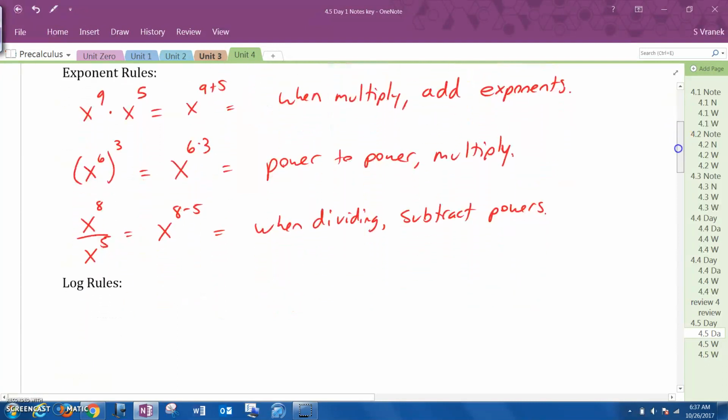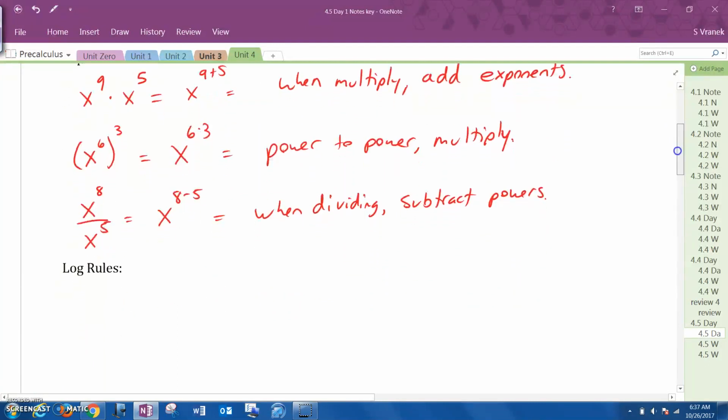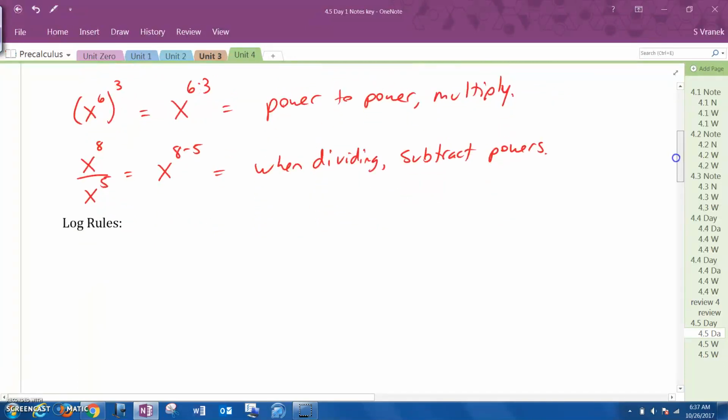Alright, so now we're going to talk about the logarithm rules, or the log rules, and they kind of follow the same process. So the first one is, if I have log base b of something, I'll say x times y. That is the same thing as saying, because it's multiplied, you can separate the exponents by addition. Okay? When you have power to a power, you end up multiplying the exponents.